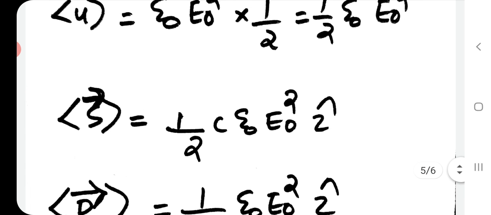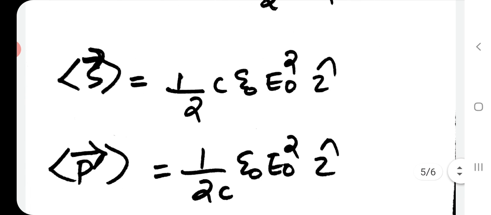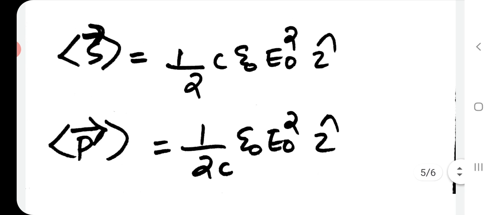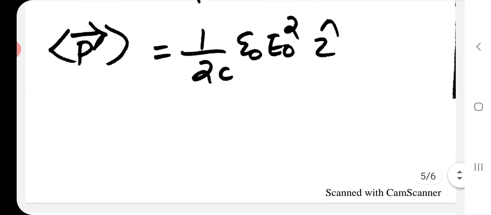We know the expressions for U, S and P, and there we take the average value and substitute the average value of cos square as half. So the average value of S is half c epsilon 0 E0 square unit vector z, and the average value of momentum density will be 1 by 2c epsilon 0 E0 square z. So these are the average values.